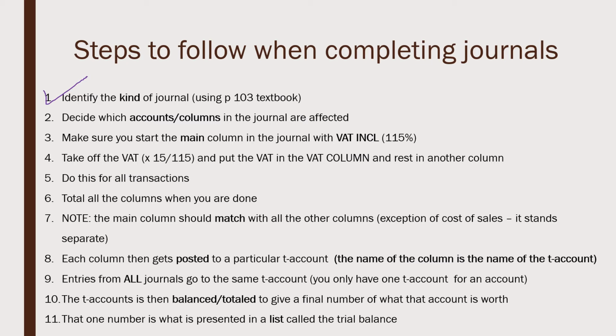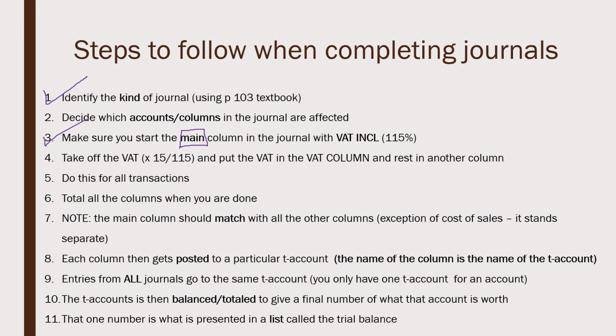Okay, then make sure, third step, you start your main column, which is the first column of any journal, with a VAT inclusive amount, because the money we receive, the money we pay, the money we owe, always owe to us. I recap this in Learning Unit 3, is always VAT included. Remember, you might remember I said, if you are receiving money, some of that, which leads you to you receiving more than you keep, some of that you are giving to SARS.